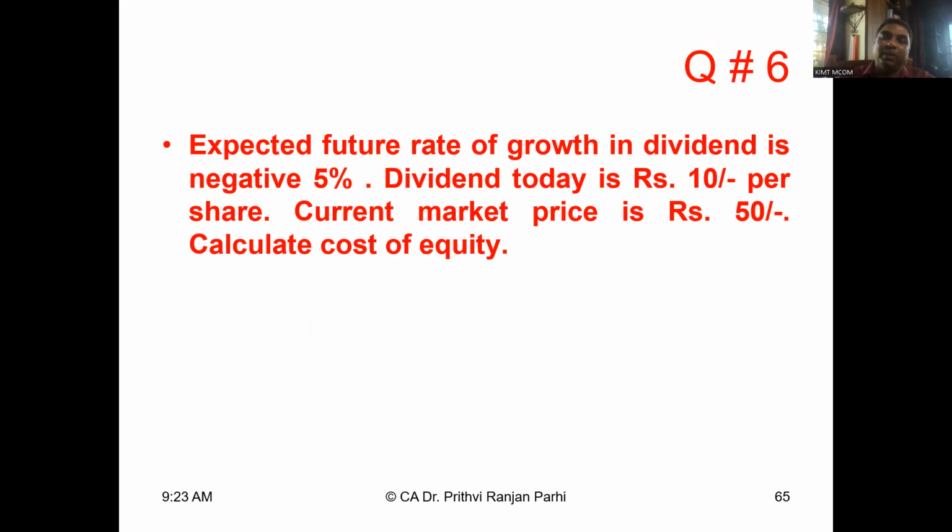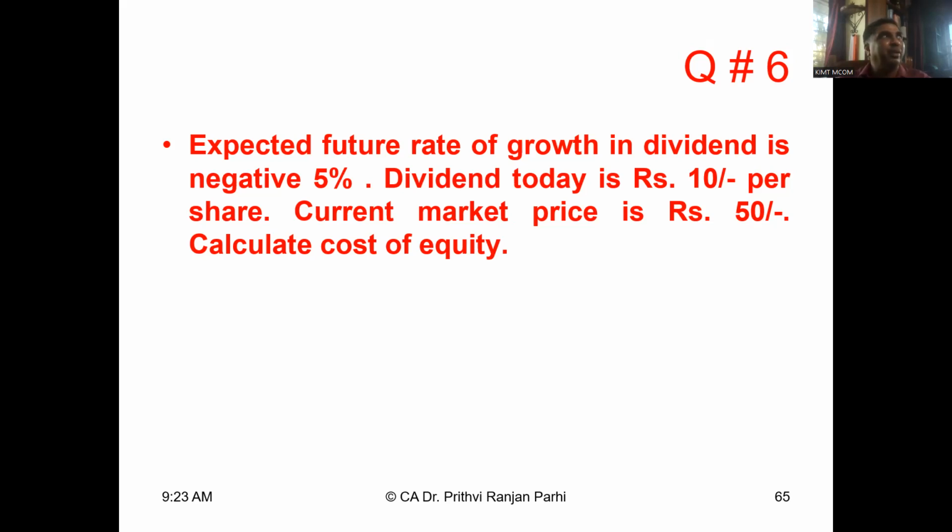Here is one more example. Read this, you'll be able to understand. Expected future rate of growth in dividend is negative 5%. Today it is 10%. Current market price is rupees 50. Calculate cost of equity. This also we had done in our last class.